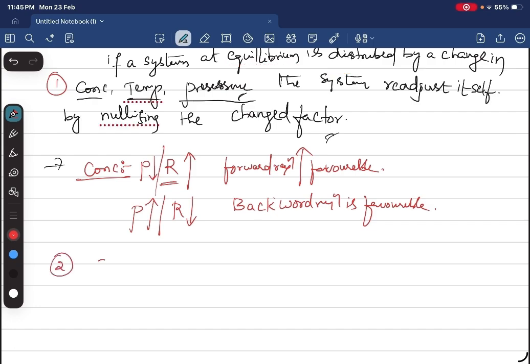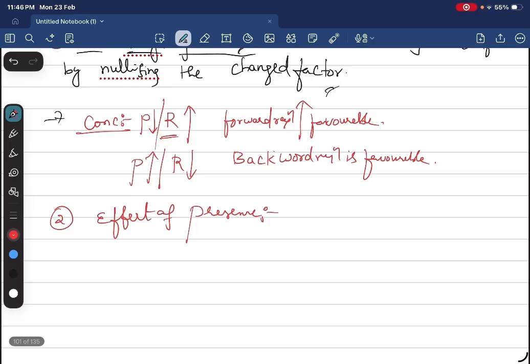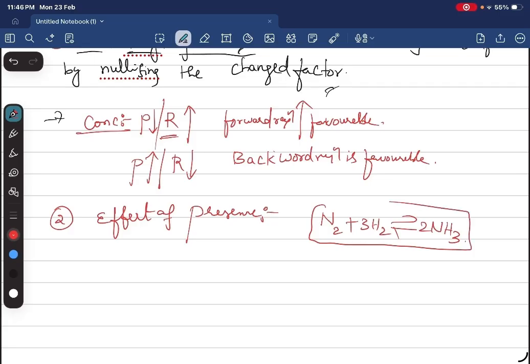Coming to the second factor, effect of pressure. Take the equation N2 plus 3H2 gives rise to 2NH3. Let us take the reaction at equilibrium, and now I increase pressure at the equilibrium.